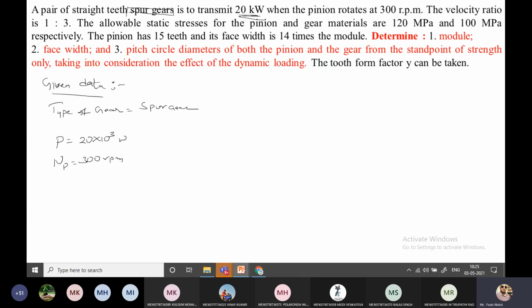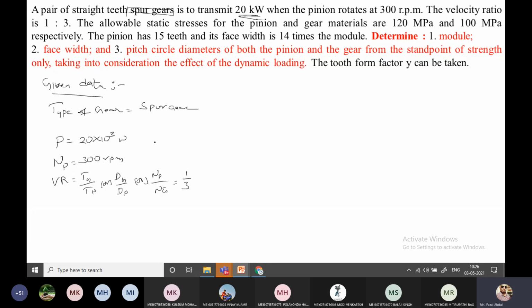Velocity ratio, gear ratio, both have similar meaning. So velocity ratio is given as 1:3, nothing but Tg by Tp or dg by dp or np by ng is 3:1, 1/3.